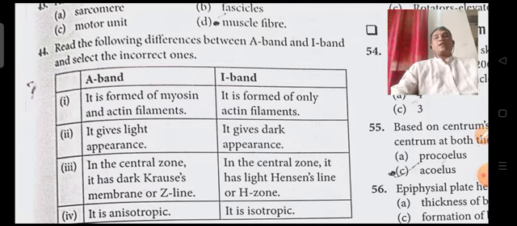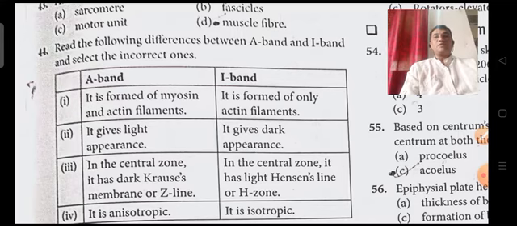It gives dark appearance. In the central zone, it has a dark membrane or Z line. In the central zone, it has a light line or H zone. It is anisotropic. It is isotropic.